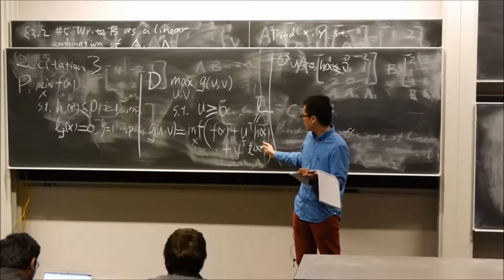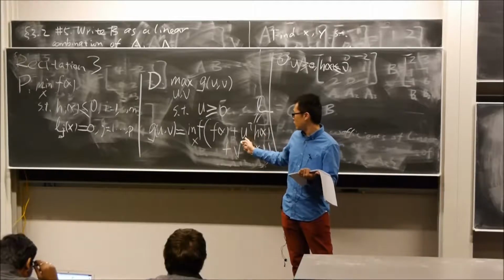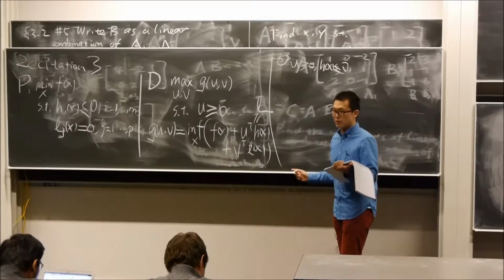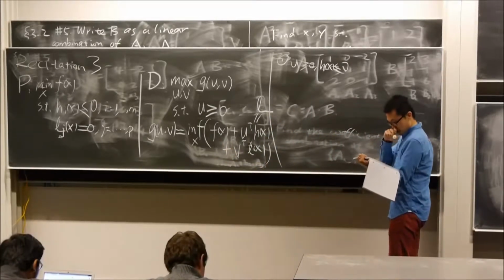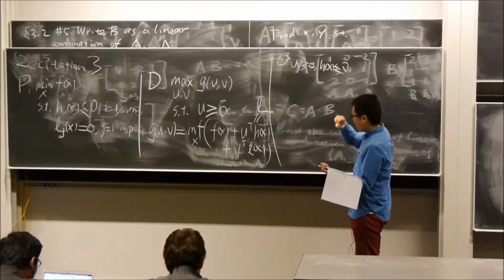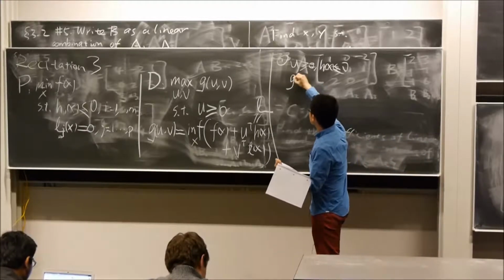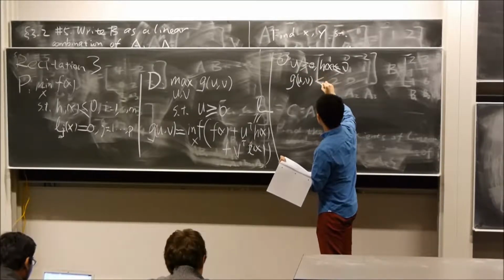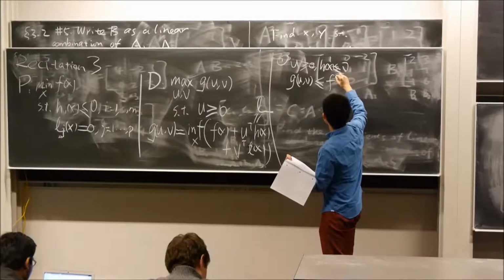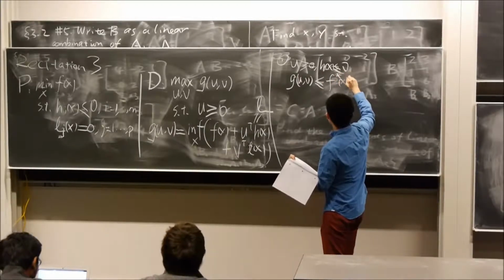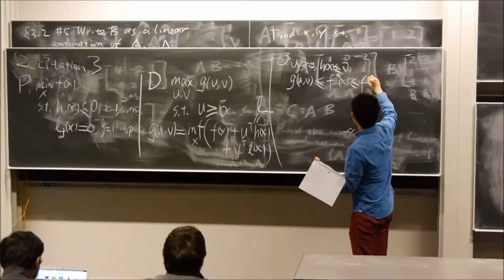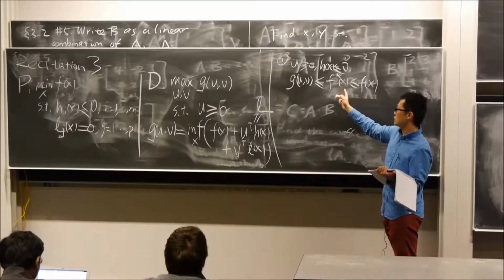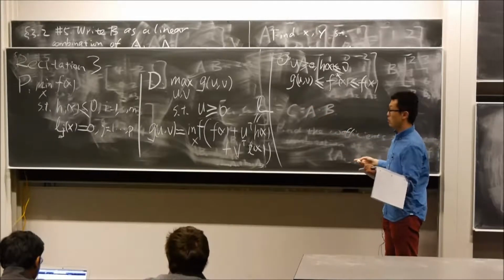So for all the feasible solutions x and feasible solutions u, g(u, v) should always be a lower bound of f(x). It will always be smaller than f star, smaller than f(x). Here f star denotes the optimal objective value of the primal.